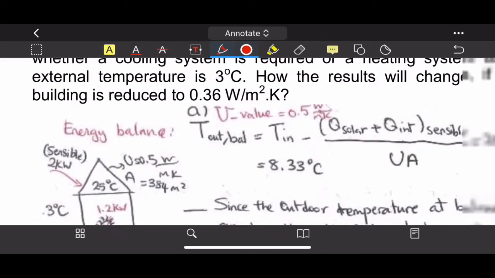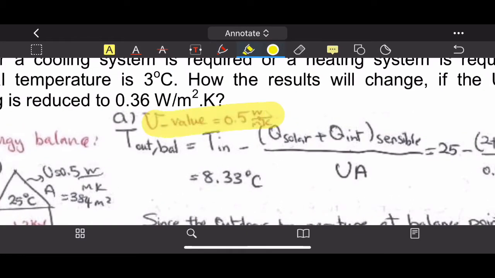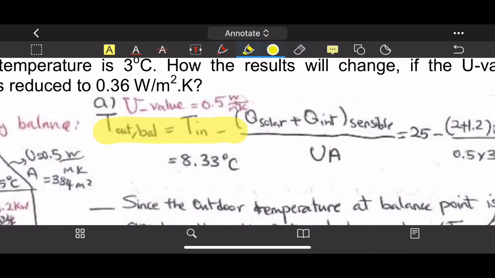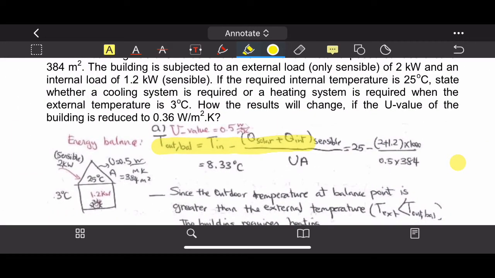Technically, heat is being lost from this house to the outdoor space because the outdoor air is cool. Now let's see. The U value is given as 0.5 W/m²·K. The equation is T_out,balance equals T_in minus (Q_solar plus Q_in, the sensible) divided by UA.